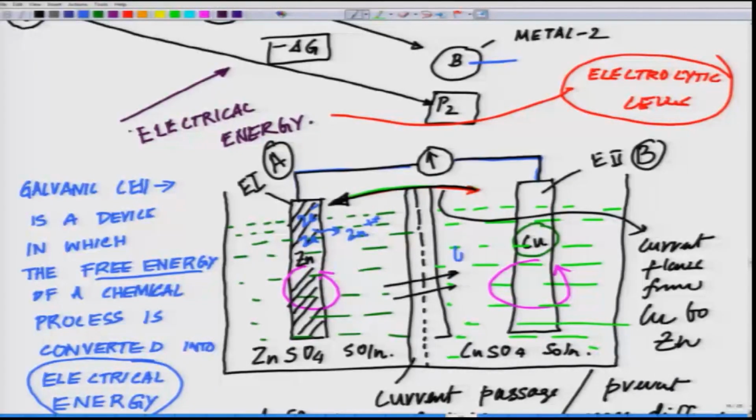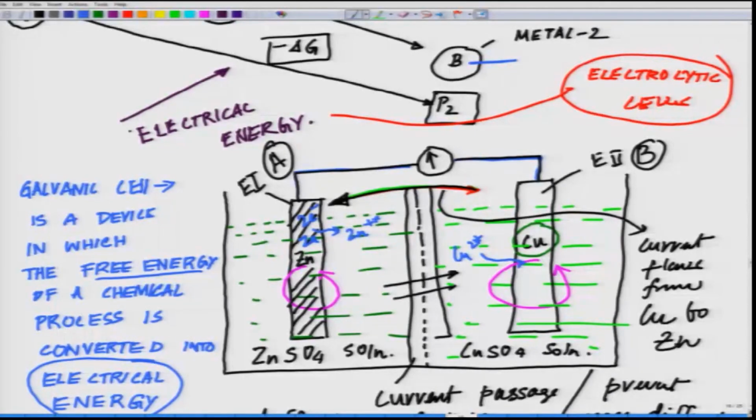Whereas Cu2+ has a tendency to accept electrons very fast. In order to accept electrons, it will try to move in, and it will need electrons. From where is it going to get them? This part is very important.